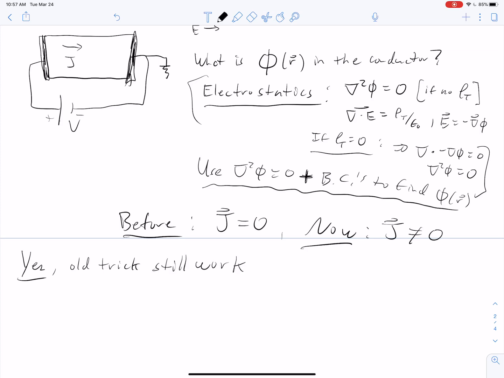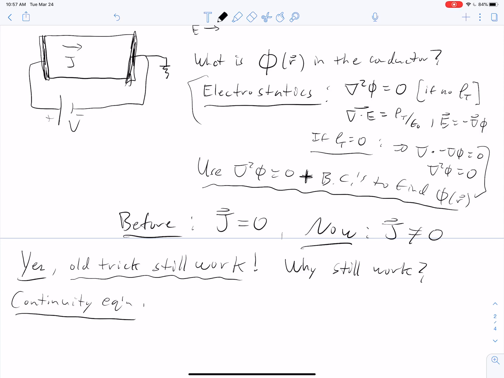But it's not completely obvious that they would. So let's show why our old tricks still work. The simplest way to think about it is because of the continuity equation. This is what comes and saves us. The continuity equation, which is otherwise known as charge conservation. They're the same thing.